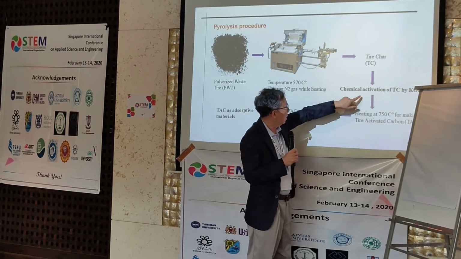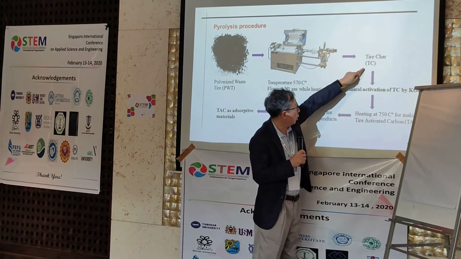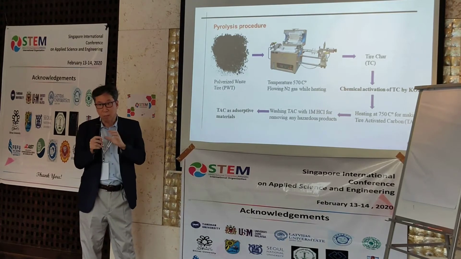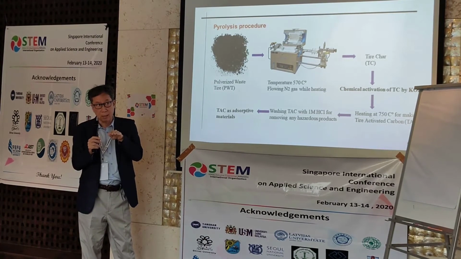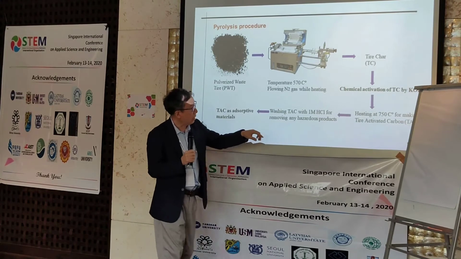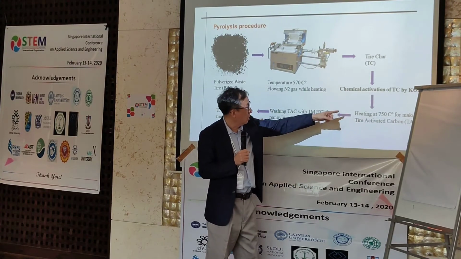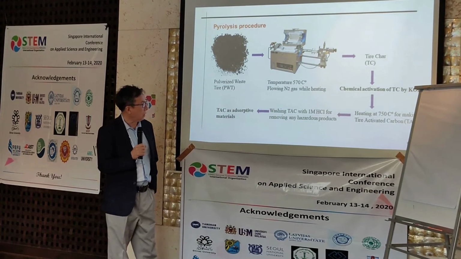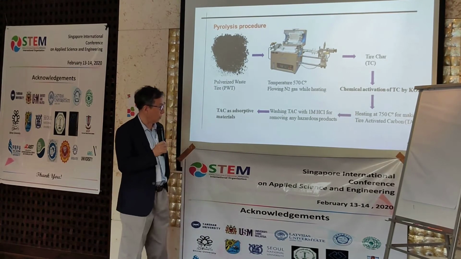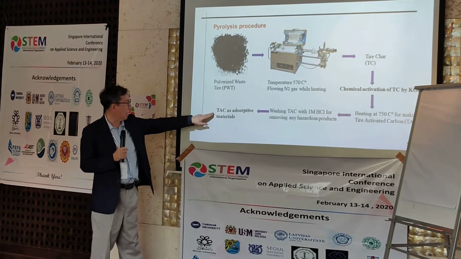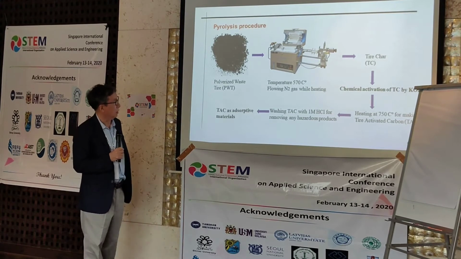Then I activate the tire char with potassium hydroxide so that we can clean the surfaces and activate them to have a good capacity for absorption of heavy metals. Then I heat the tire char again, making the activated carbon, and wash the TAC with 1 molar hydrochloric acid to remove any hazardous product. And then finally, I have TAC as an absorptive material.